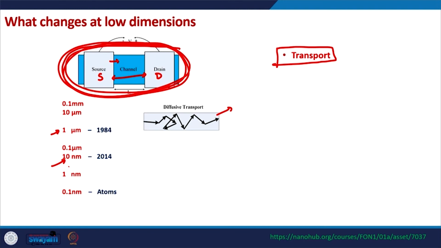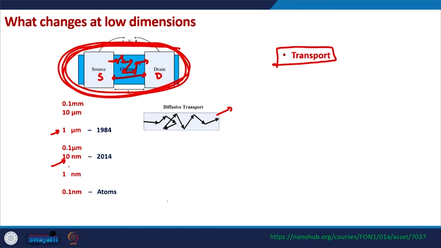So the electron starts from the left side, it strikes one atom, it maybe changes its direction, again strikes another atom, changes its direction, again strikes another atom, changes direction, and finally it may or may not reach the right side of the device.